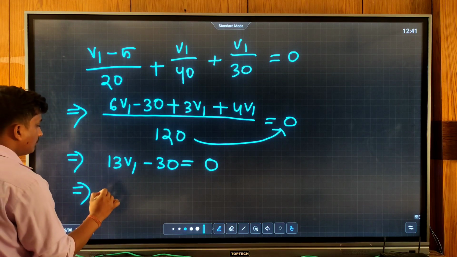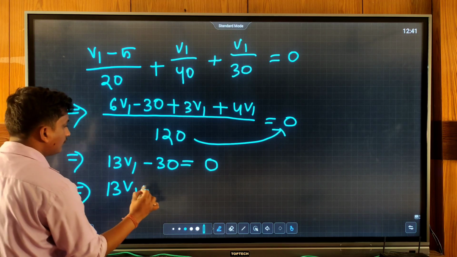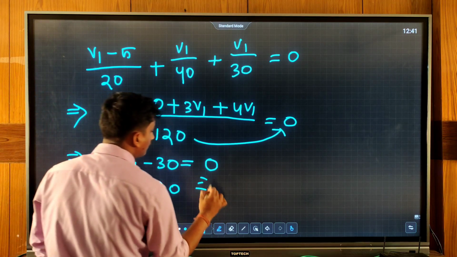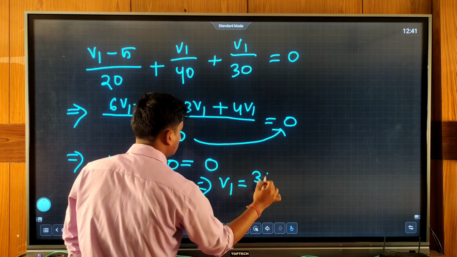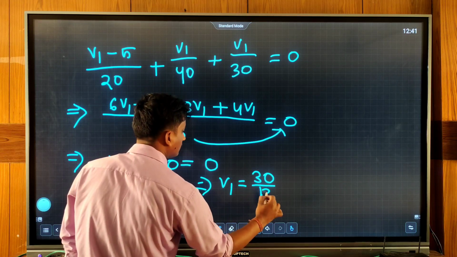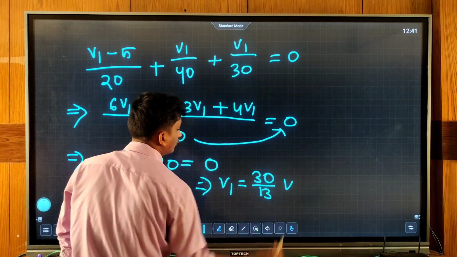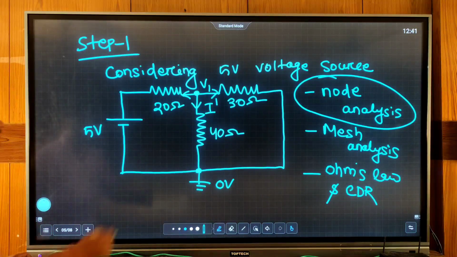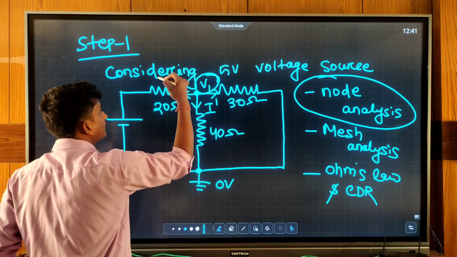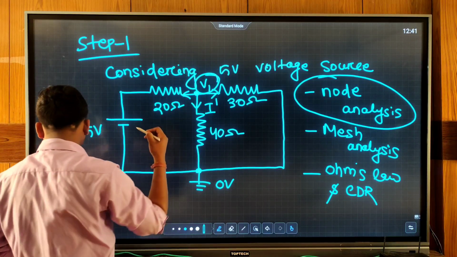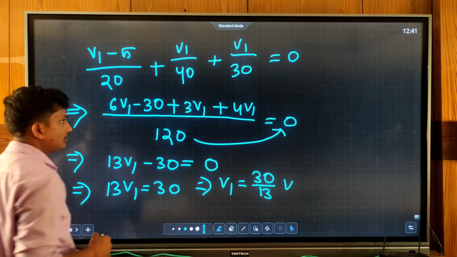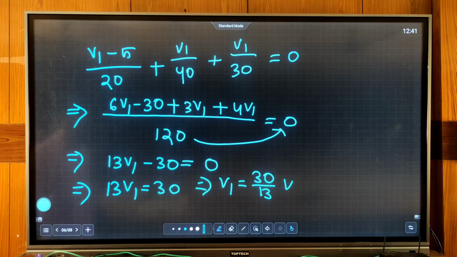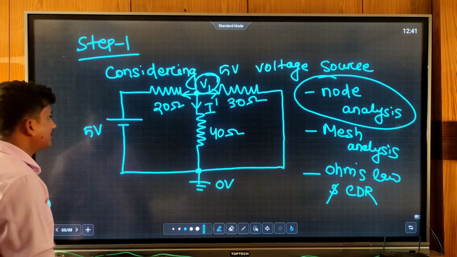So 13 V1 equals 30 and V1 equals 30 by 13. The potential at this point V1 is equal to 30 by 13 volt.